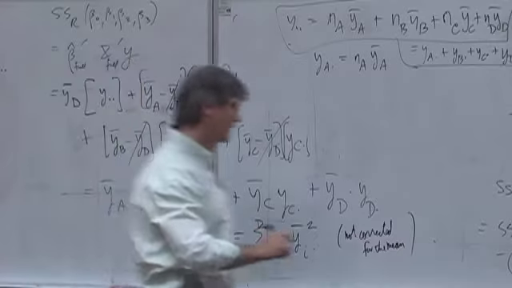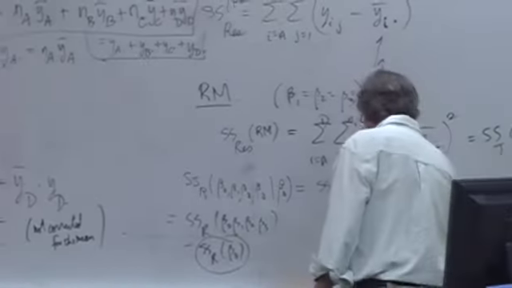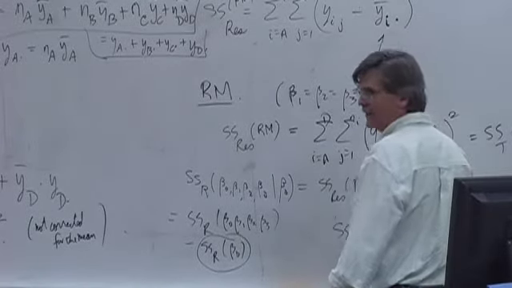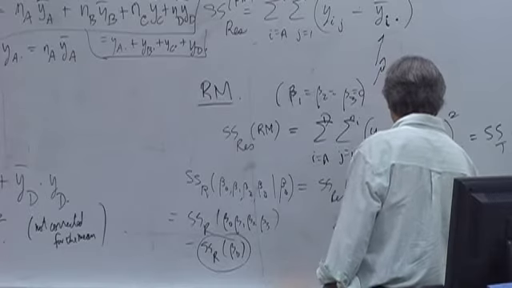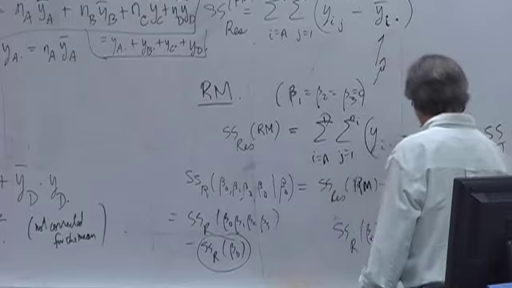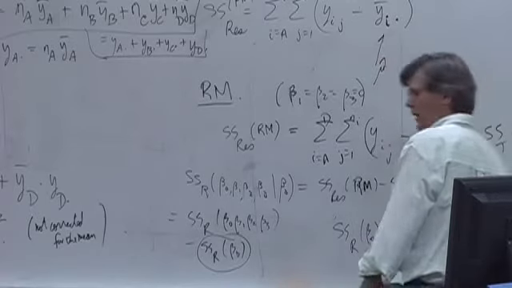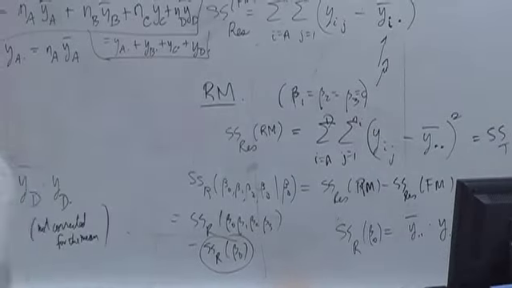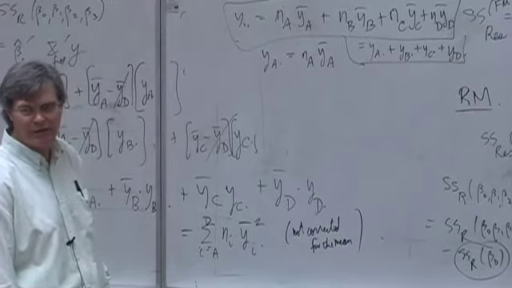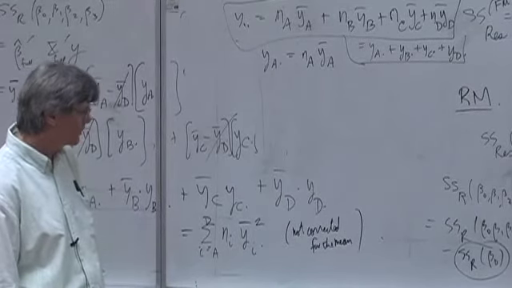So SSR beta naught is simply y double dot bar, that's the beta naught hat, times y double dot, which equals n y double dot bar squared. That's the usual thing you subtract off. If I subtract that off, then I get the corrected total, and that's what the usual regression sum of squares is.